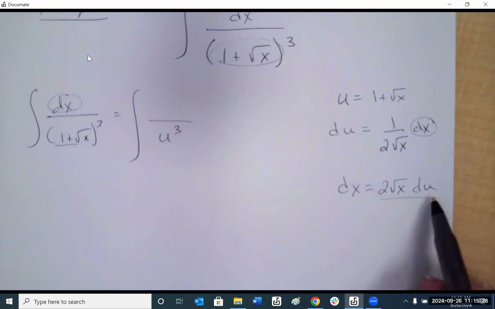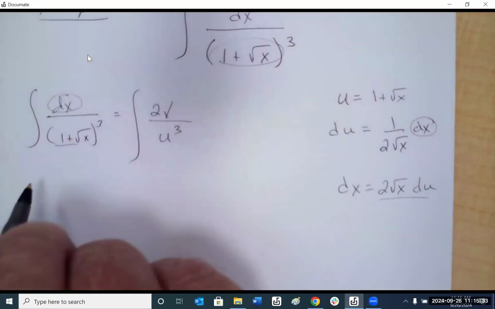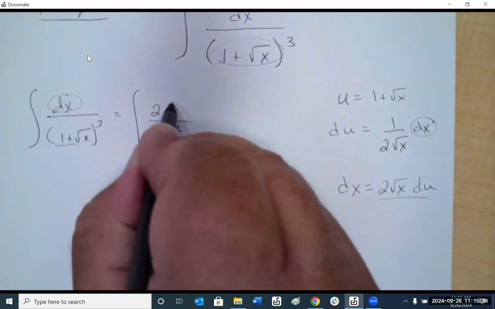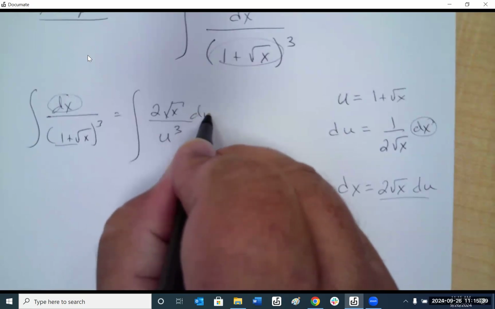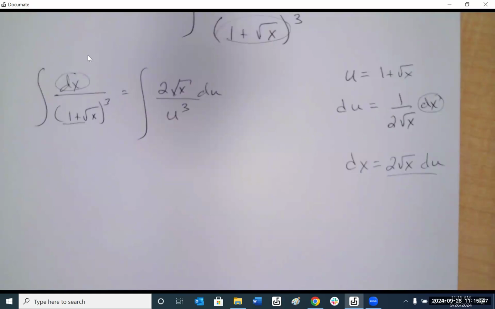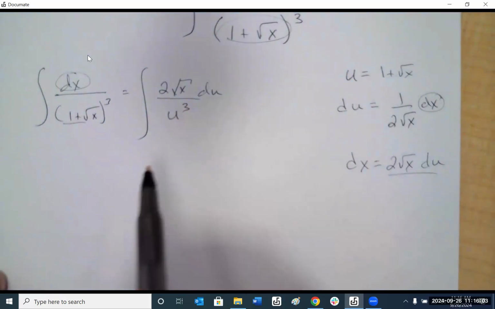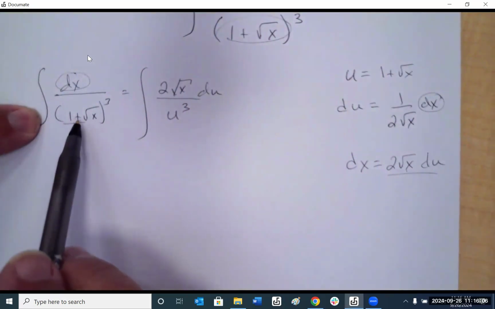So for dx, we can substitute 2 radical x du. Now what can we do? What is the square root of x? Because this is what we're trying to do. We're trying to get away from x. We're trying to go to u.